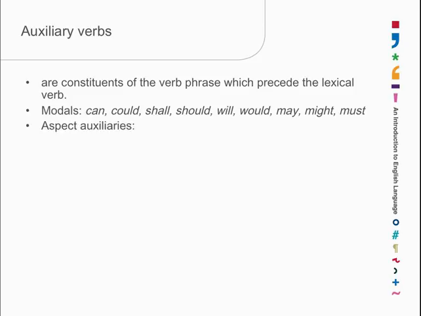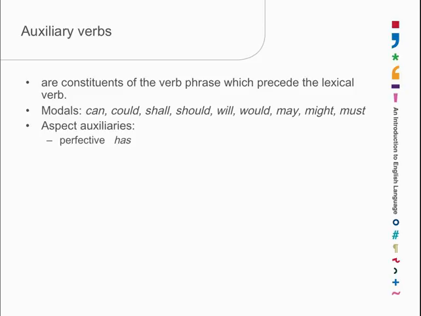Then there are two auxiliaries called aspect auxiliaries. There's the perfective, which is has come, has eaten, has looked. What does that indicate? Well, it indicates that the action of the lexical verb is now seen as having been completed in some way. He has cooked breakfast. If he has cooked breakfast, the cooking has finished. But this is not quite the same as present and past tense.